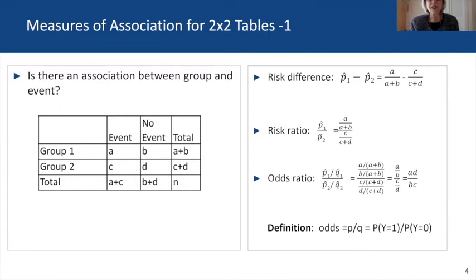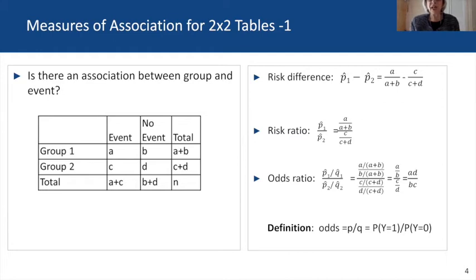And then we also see the totals for each group in the column on the right. The totals for event, no event are in the row on the bottom. And of interest to us is the question, is there an association between group and event? Another way of asking that is, is there a dependence between having an event and what group an individual is in?